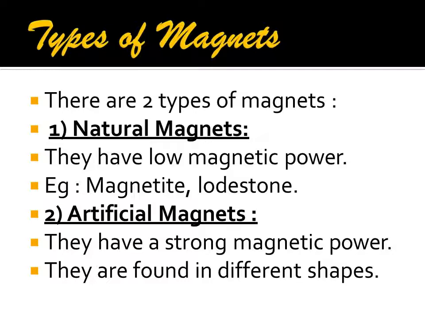Artificial magnets have a strong magnetic power and are found in different shapes. Why do natural magnets have low magnetic power and artificial ones strong? Because a natural magnet is found naturally. We can't increase or decrease its magnetic power, whereas for artificial magnets, we can either increase or decrease its power.